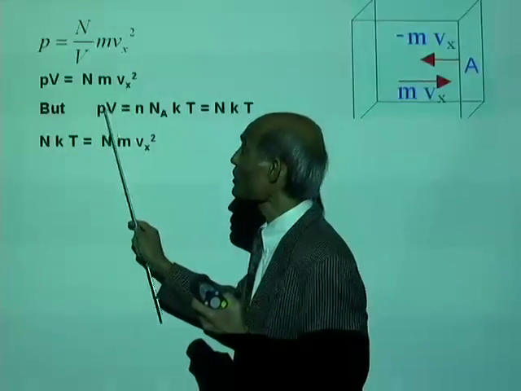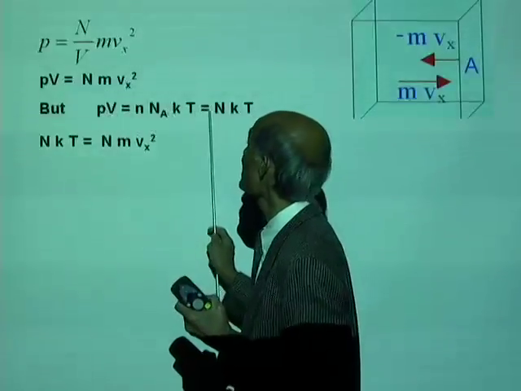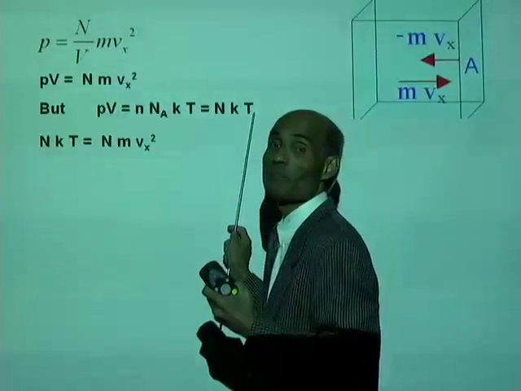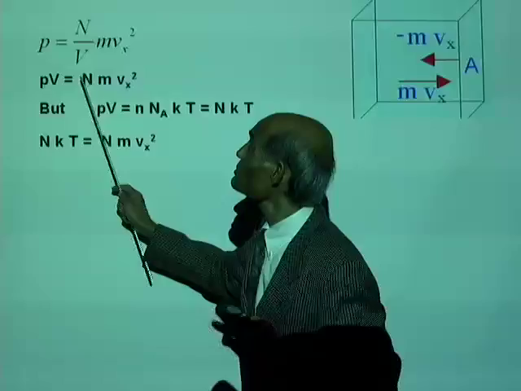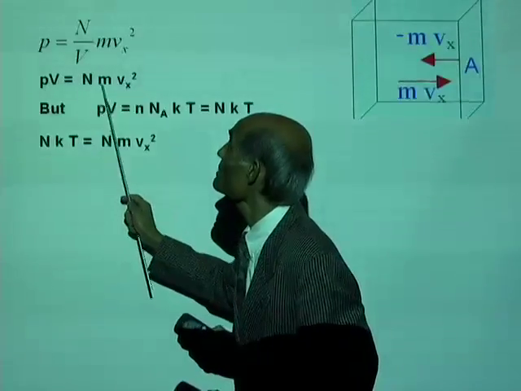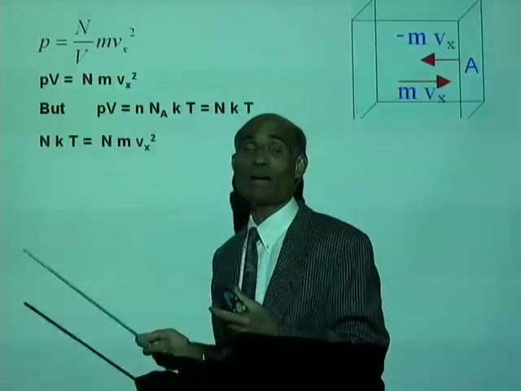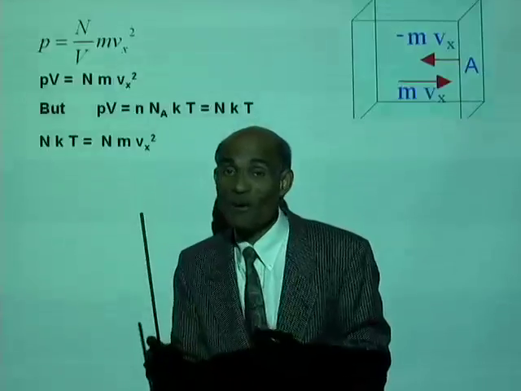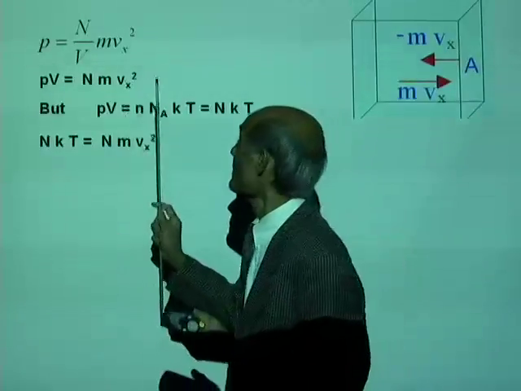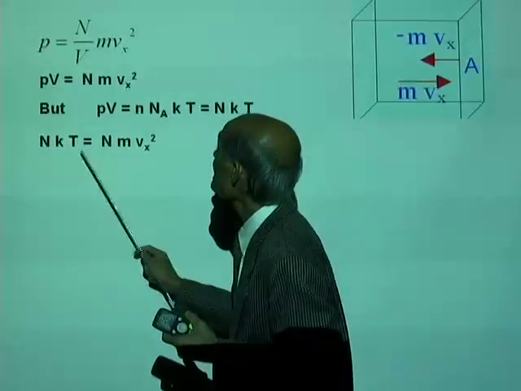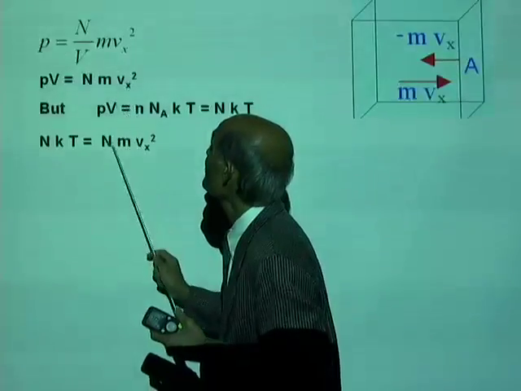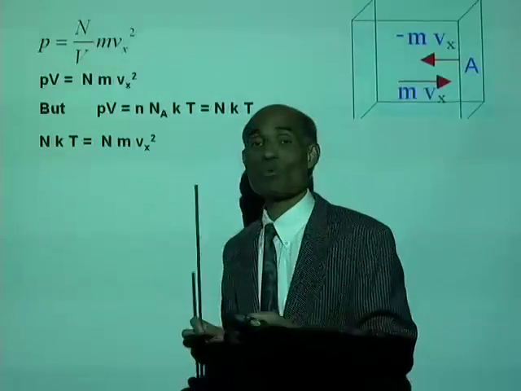So the ideal gas law tells you that PV equals NkT. From our assumptions, we obtained PV equals N m Vx squared. So if our assumptions are right, then this NkT must be equal to N m Vx squared.